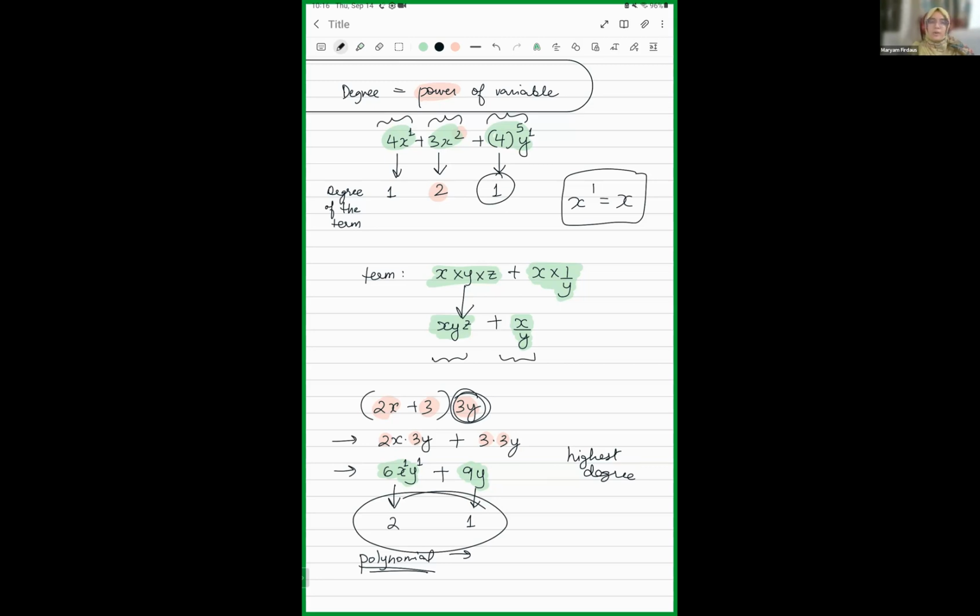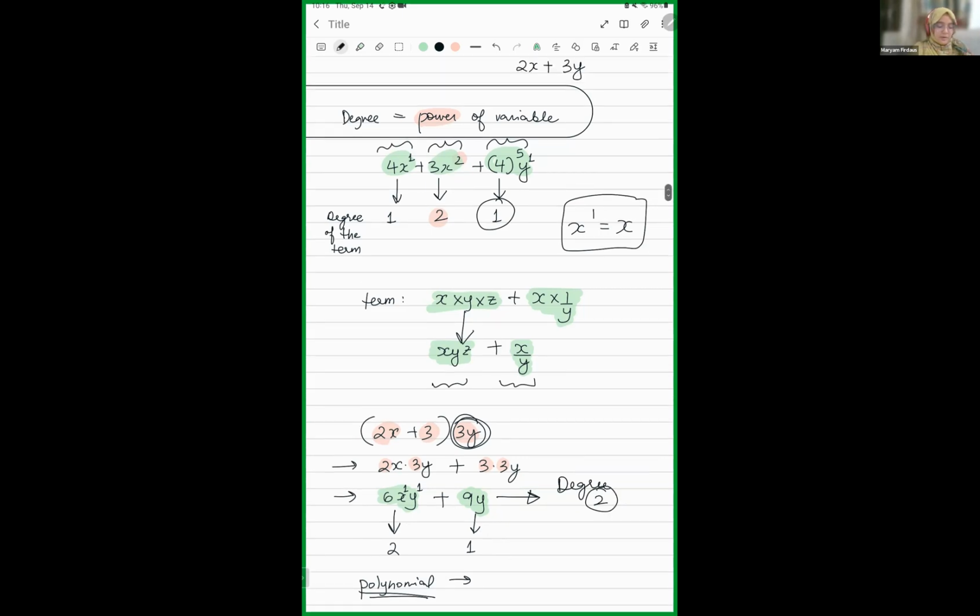Which one is higher, 2 or 1? Yes, 2 is higher. So the degree of this polynomial, the degree of this entire expression, is considered as the highest degree. So it is 2.